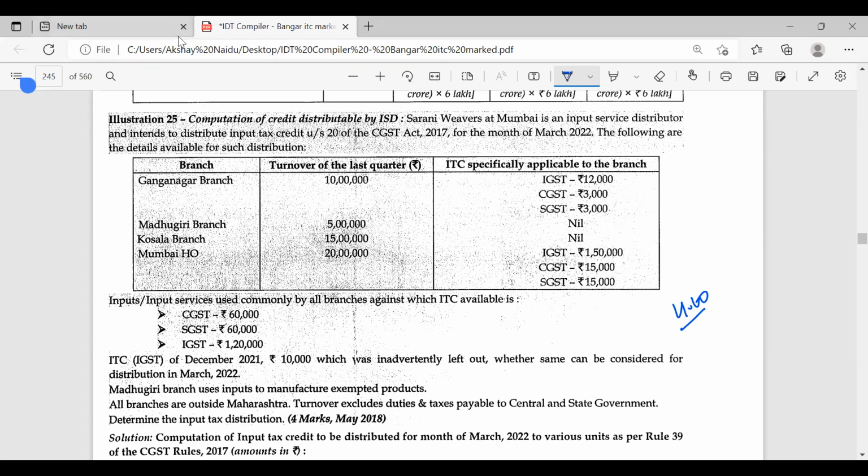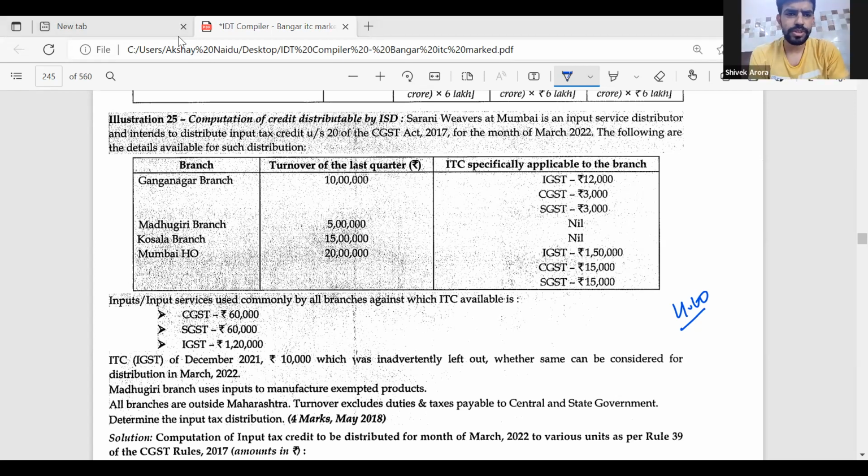Don't check the answer. This is a study material question. There are study material questions and also past MTP and RTP questions. Don't look at the answer, try to do the presentation on your own.